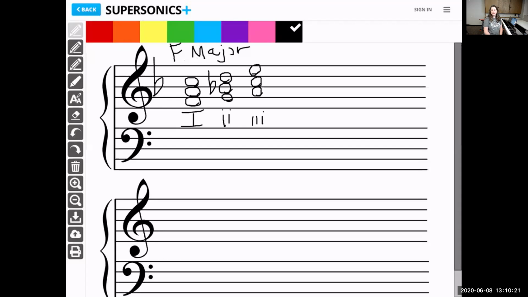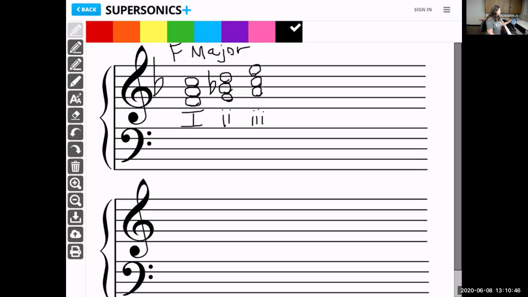You can find this information in your Alfred's scale book. If you turn to the F major pages that have the scales and the chords, it'll be on the top of that second page of your scale section for F major, where it does the chords in the scale. That's all I'm doing here.